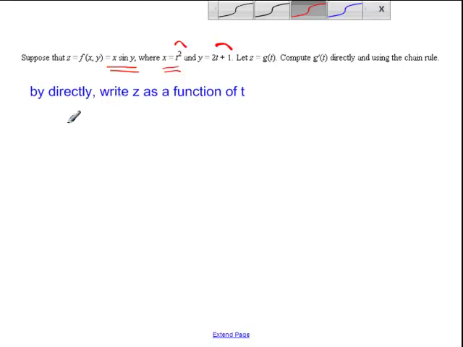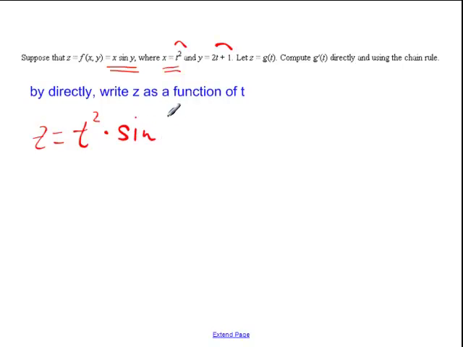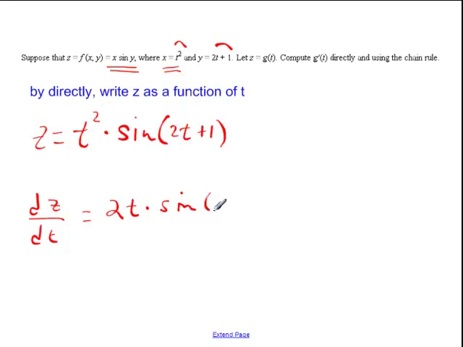So z equals x sine y, which is t squared, because that's x, times sine of 2t plus 1. And then we're going to need to use the product rule, but what we get is that dz/dt equals the following.